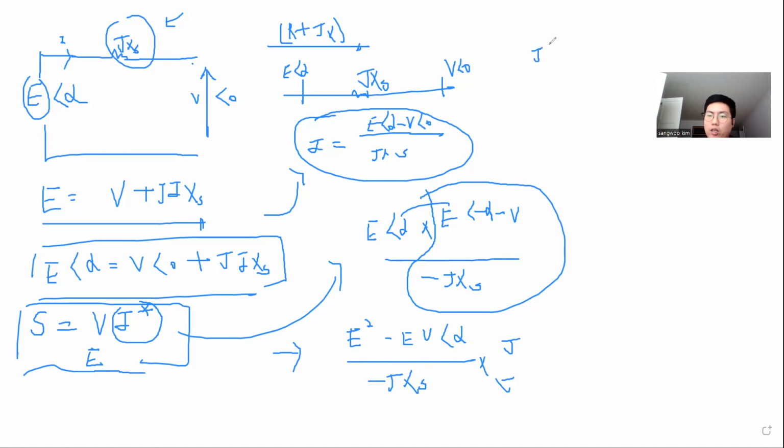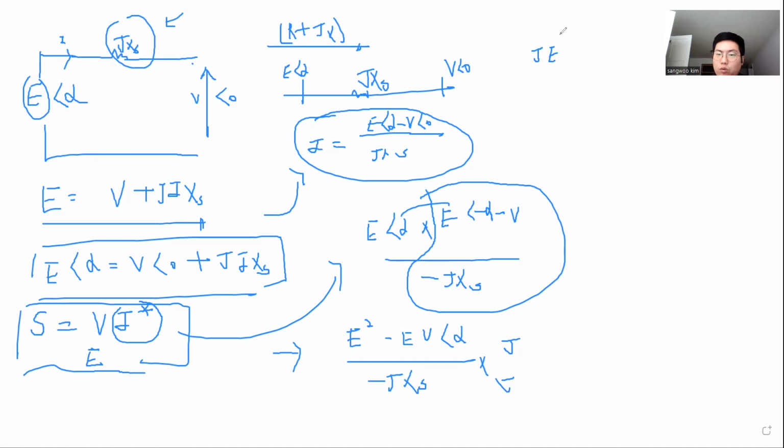So E squared minus J E V delta, and then X S.